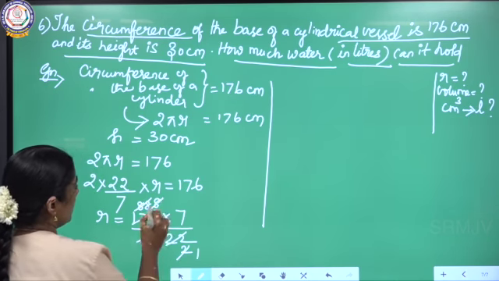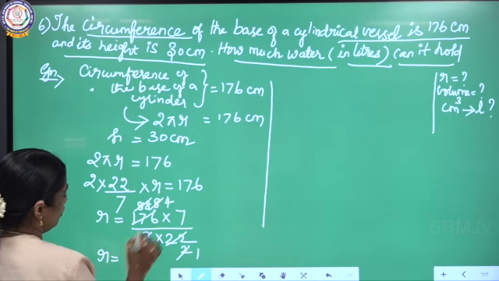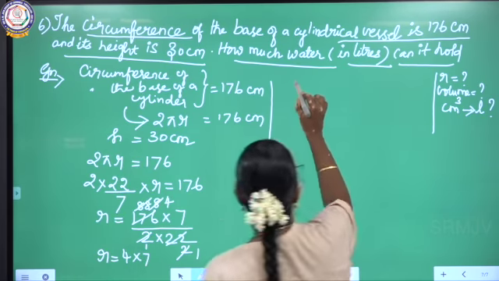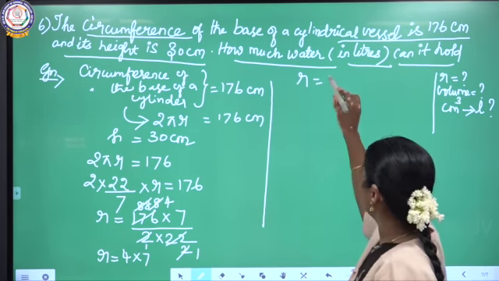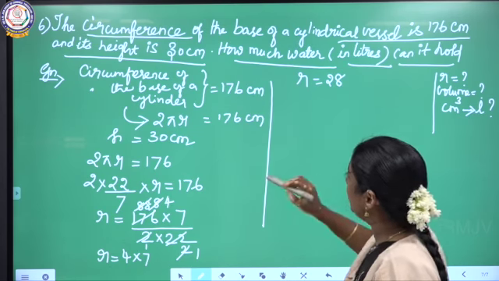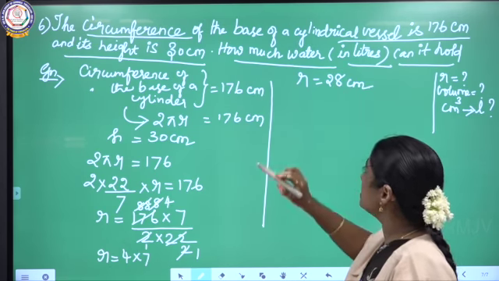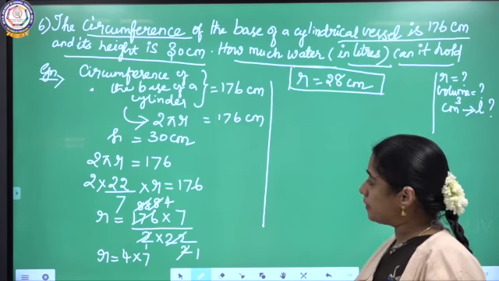Next 2 ones are 2, 2 fours are 8. So R is equal to 4 into 7. So what is the radius? 4 into 7, which is 28 centimeter. Radius is 28 centimeter.